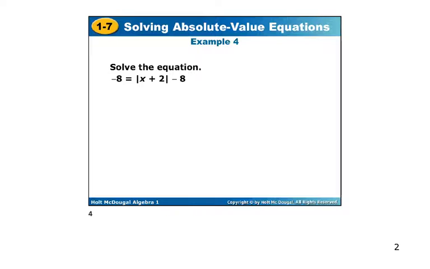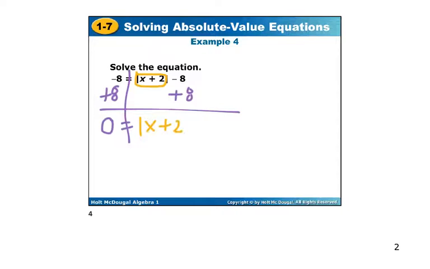So in this first one here, we're approaching it the same way that we did before. We're trying to isolate our absolute value expression. So we're going to add an 8 to both sides. And then this is where you end up with 0. So notice that we have 0 equal to the absolute value of x plus 2. And so we can't have a positive and a negative case.